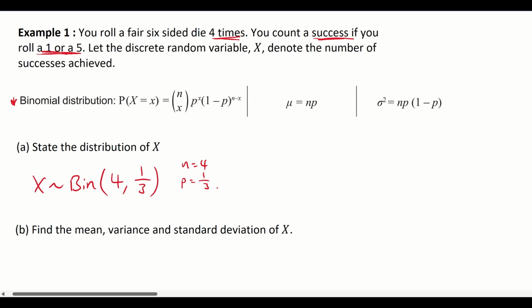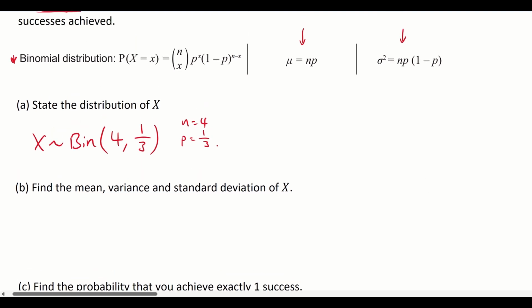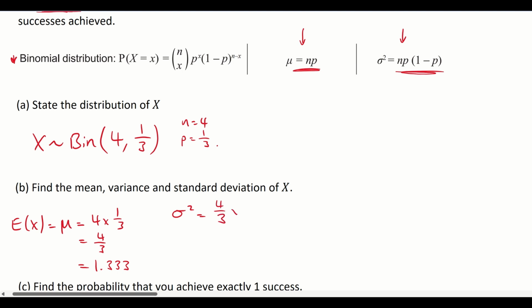Now we're going to use these parts here to find the mean, the variance, and the standard deviation. So the expected value of x, or just the mean, which is mu, well, that's just n times p. So that's just 4 times 1/3, which is 4/3, which is just 1.333. The variance, being my sigma squared, well, that's this part here. That's my n times p, so that's my 4/3, which we just worked out, multiplied by 1 minus 1/3.